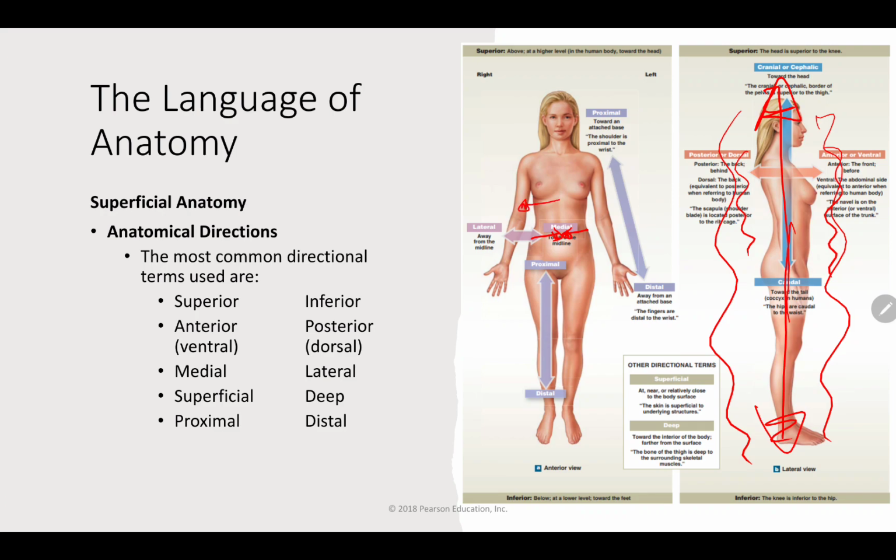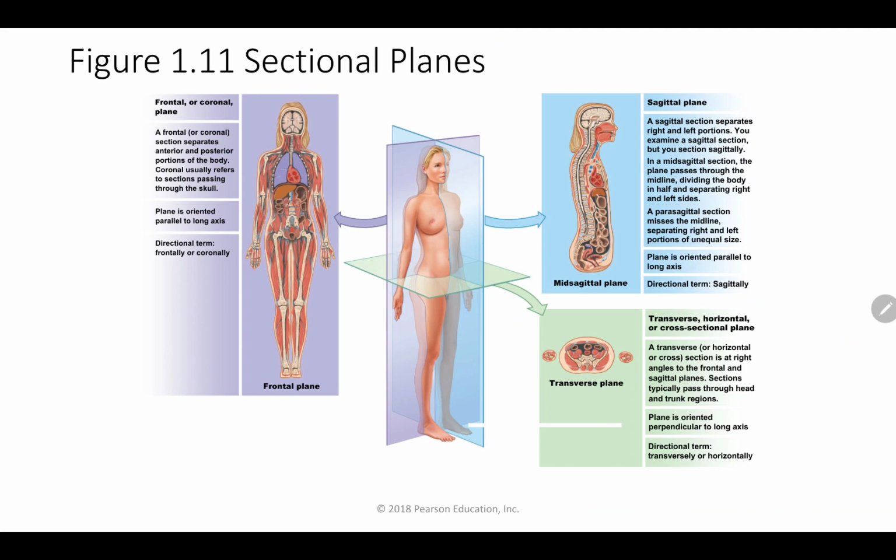Lateral, going away from the midline, to the outside of the body. Superficial is closest to the body's surface. Deep is within the body. Proximal, going toward the attached base. Distal, going away from that attached base. Proximal, in close proximity. Distal, at a distance.